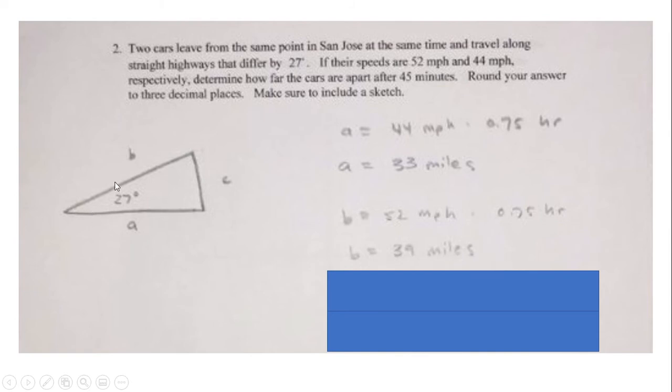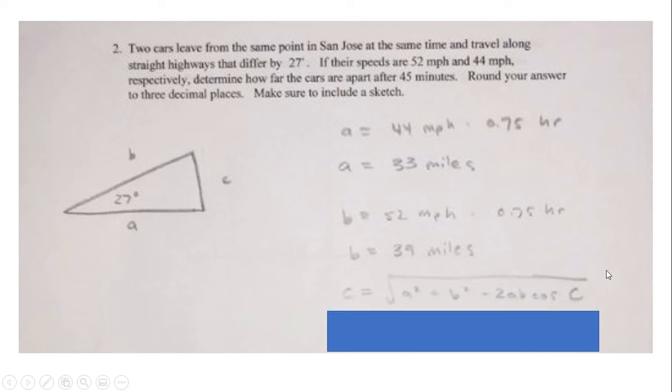So now I know what A is, I know what B is, I know what this angle is. I can use my law of cosines to figure out what C is. C is equal to the square root of A squared plus B squared minus 2AB cosine of angle C, which is 27 degrees.